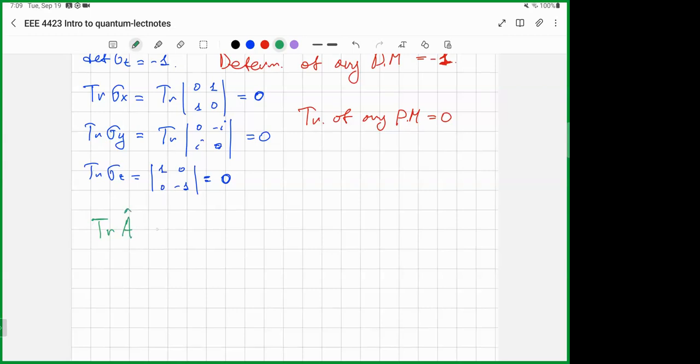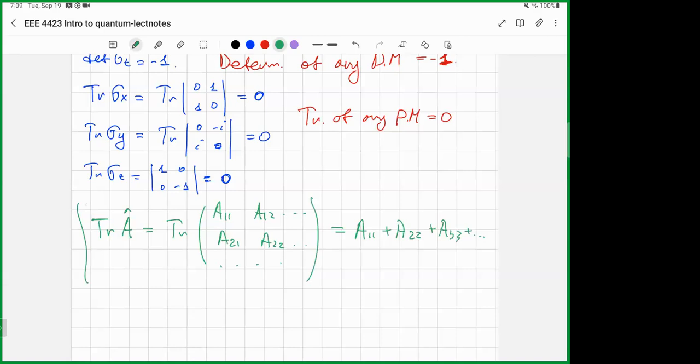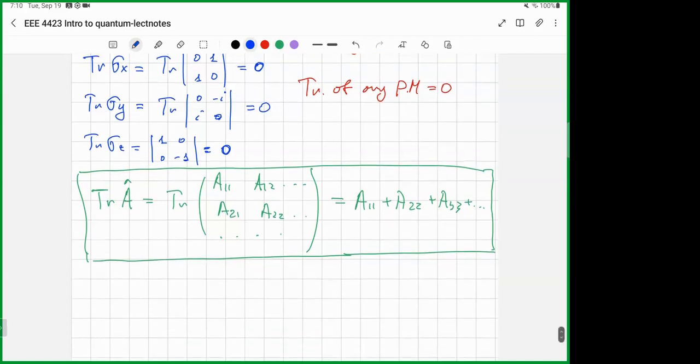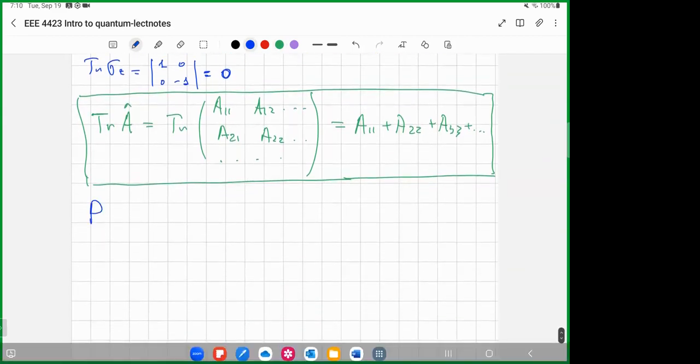The trace of any matrix A, with elements A11, A12, etc., A21, A22, etc., is equal to A11 plus A22 plus A33 plus etc. So it sums only the diagonal elements, from left to right, from top to bottom only. Yes, exactly. Thank you.